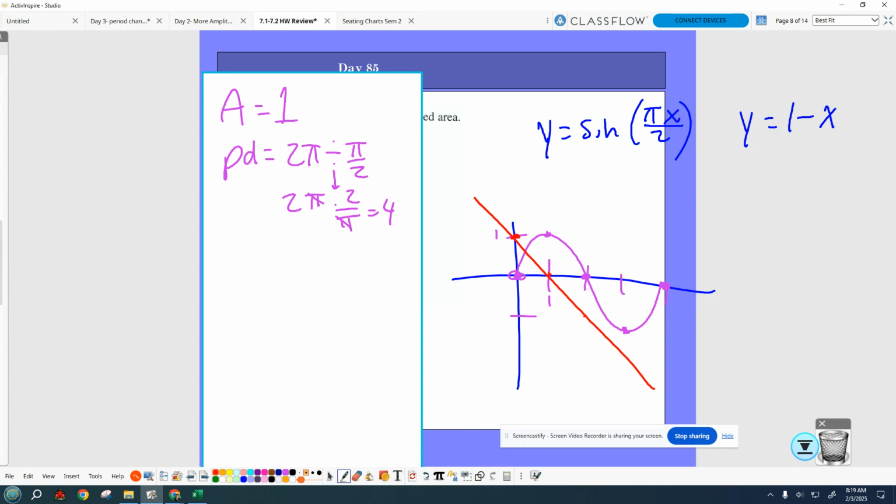Find the area enclosed. Did I graph it wrong? Why is my line not cutting through? It's y equals x, not 1 minus x. Oh. 27. I keep looking at 26. That's why. That's better.